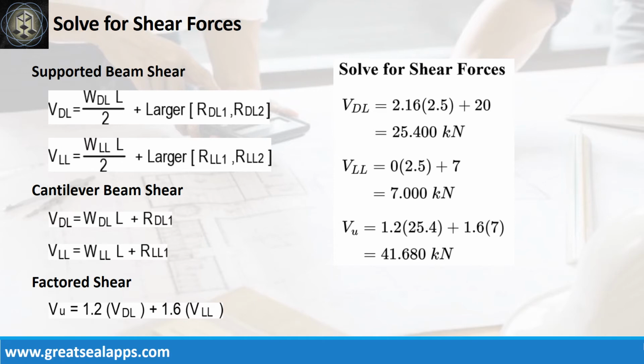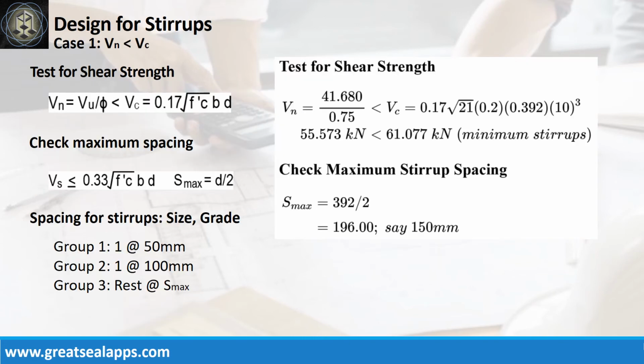The shear force from dead load is 25.4 kN, and live load is 7 kN, for a factored shear force of 41.68 kN. The nominal shear force is 55.573 kN, less than 61.077 kN concrete capacity.